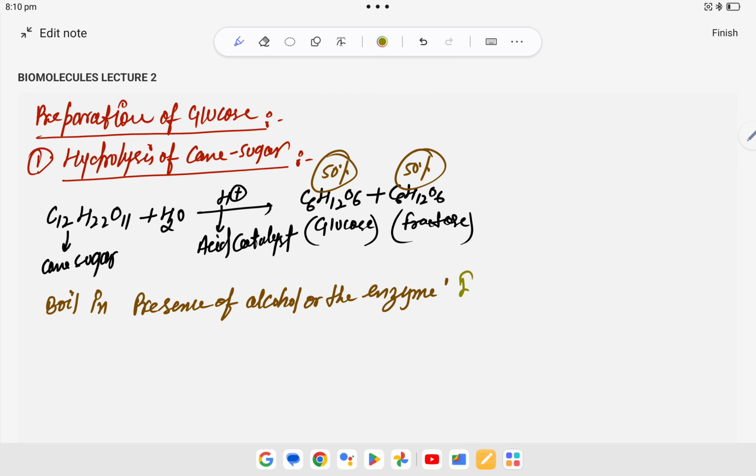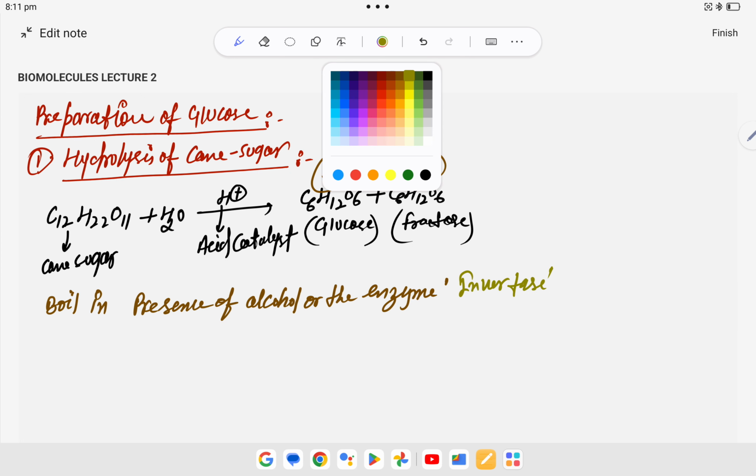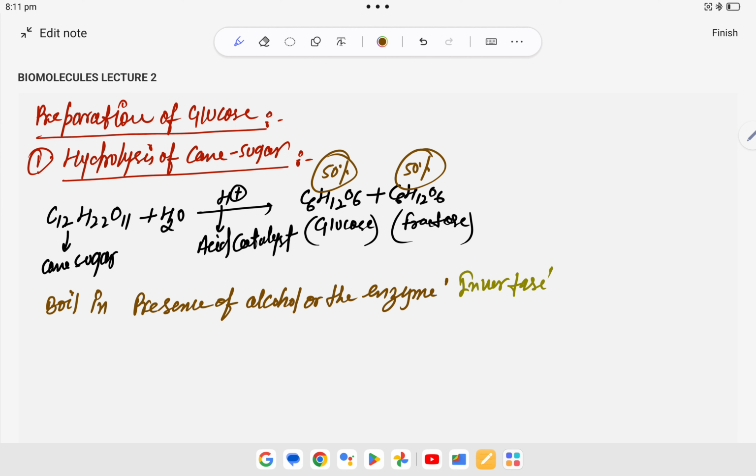Invertase. Invertase enzyme. Okay. Invertase can cause the reaction. Same work will be done by alcohol or the enzyme invertase. They can also form glucose and fructose.